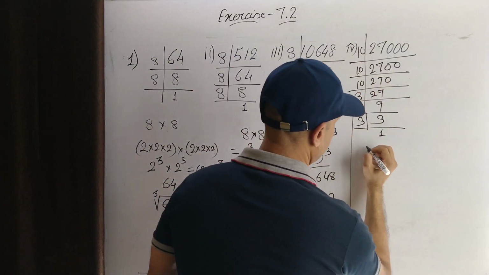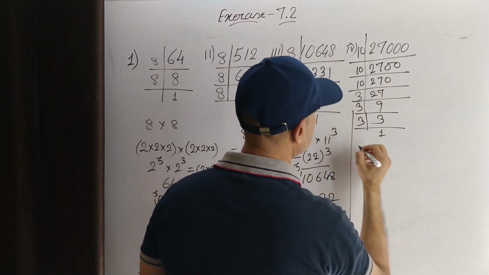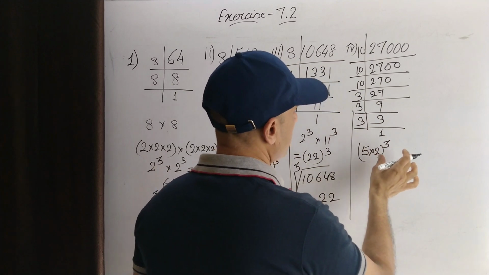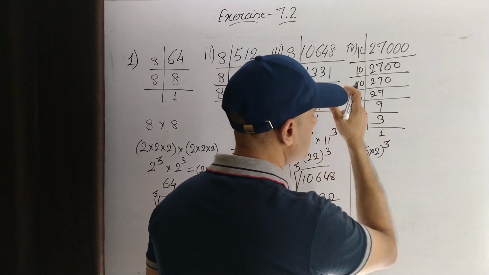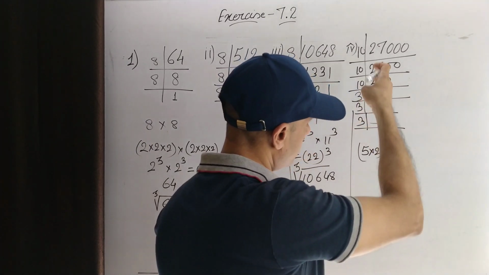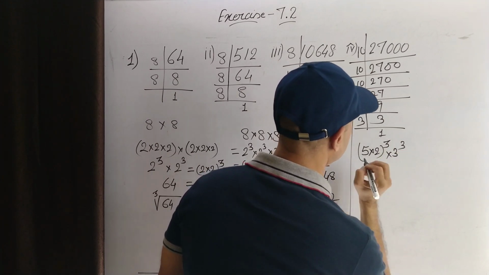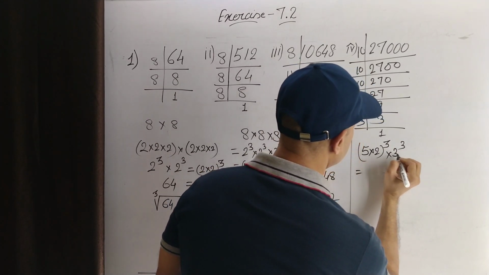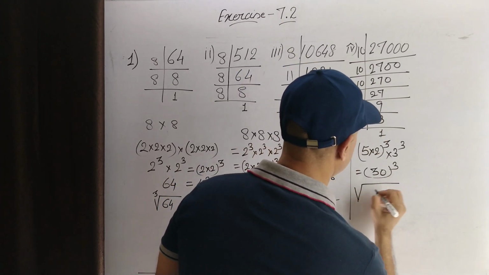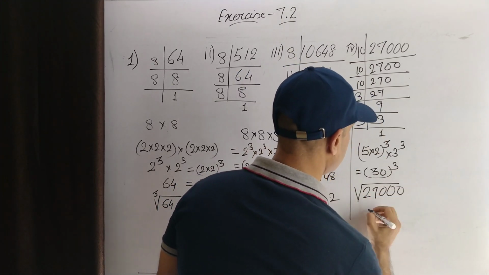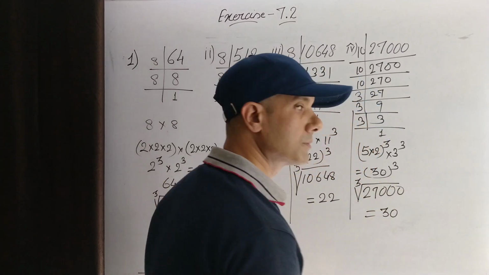Now we can write 10 as 5 into 2, so I got 3 tens, so this will be the factor. So again I'm repeating, during exam you have to expand it and write, otherwise the concept of prime factorization will go wrong. So this 3 cube, so we have got 5 into 2, 10, into 3, 30 cube. So cube root of 27000 is equal to, inverse operation, we get 30. Clear?